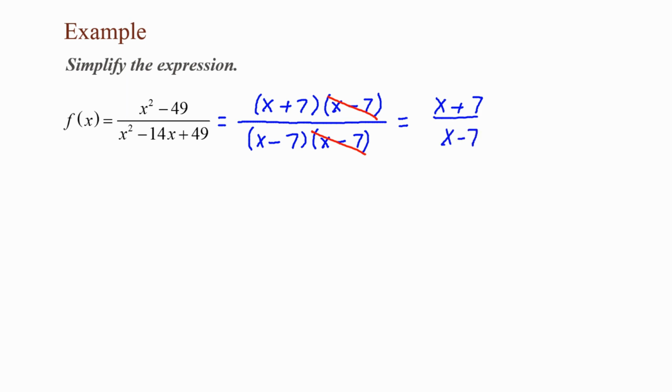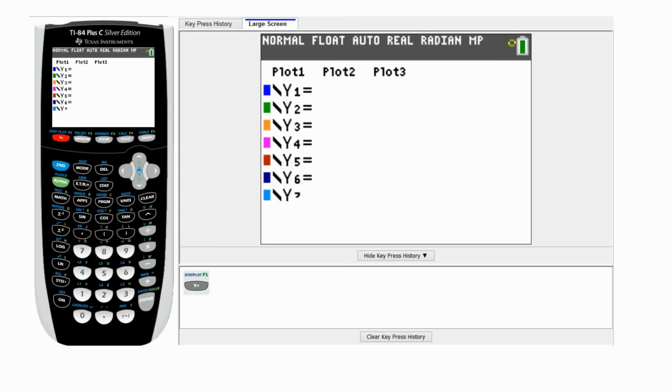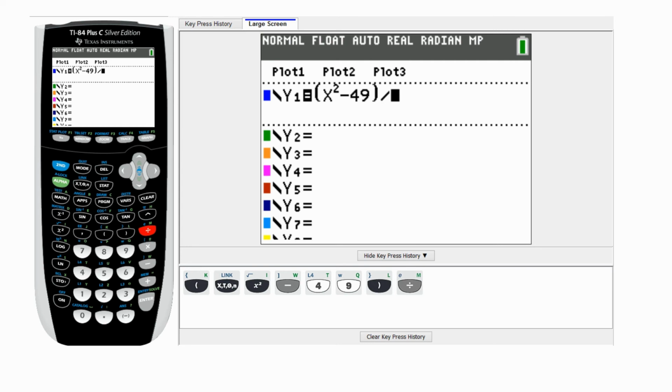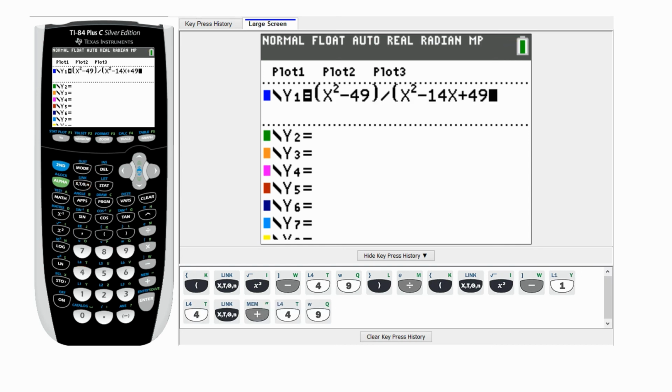Checking for our excluded values, since my denominator was x minus 7 times x minus 7, I only have to consider x minus 7. If x minus 7 equals 0, then x equals 7. So our excluded value will be 7. Checking this on our calculator, go to y equals, parenthesis, x squared minus 49, close parenthesis, divided by, open parenthesis, x squared minus 14x plus 49, close parenthesis.